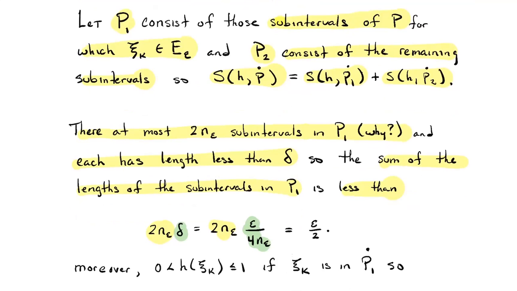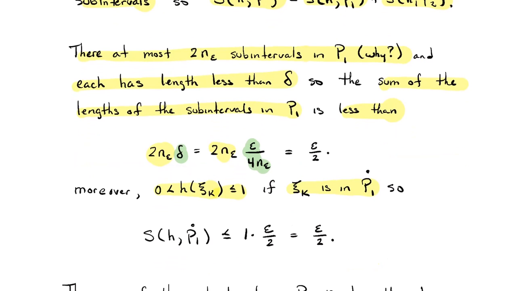All right. And if you take a tag in P1, well, it's in this E sub epsilon. So H of it is bigger than epsilon over 2. So first of all, that tag can't be irrational. So H of it is positive. But Thomae's function never outputs anything bigger than 1. So for all those tags, H of them is positive, but less than or equal to 1. So if we looked at that sum, I'm going to keep calling it a Riemann sum over just P1.